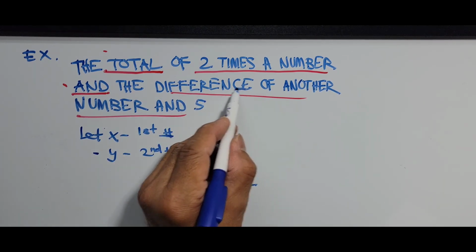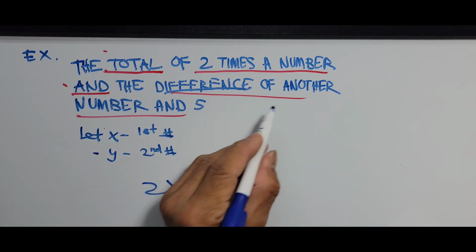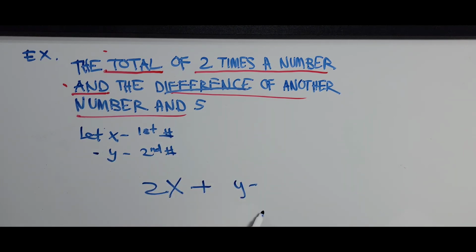Difference signals subtraction right there. So the difference of y and 5 is y minus 5. And the total signifies that you're adding this to that, right?